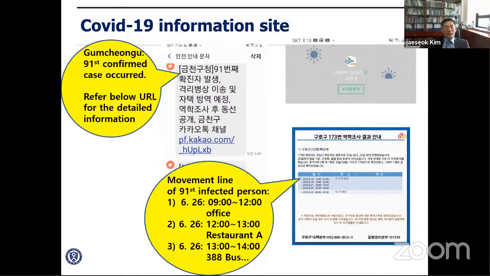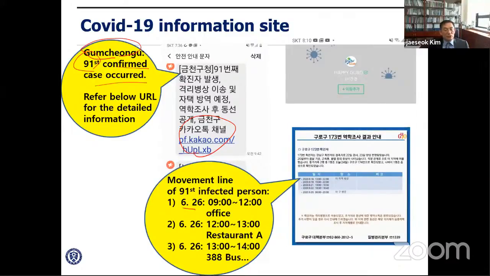This one is a sample text message, which says that the Geumcheon district 91st confirmed case occurred. Please refer to the URL below for detailed information. So when you click this URL address, you can see the detailed movement line of this infected person.